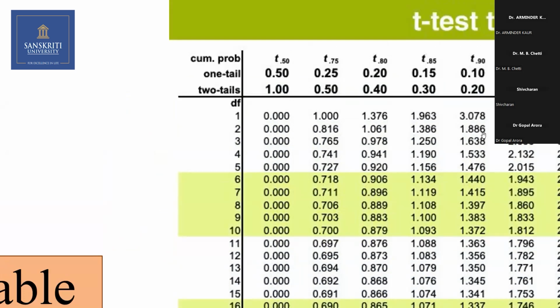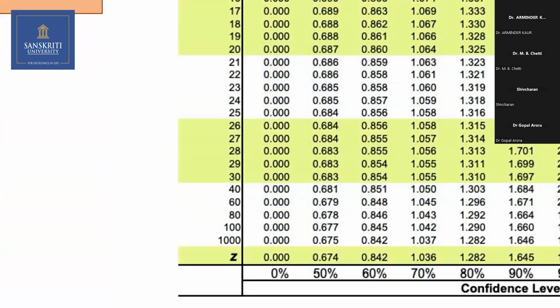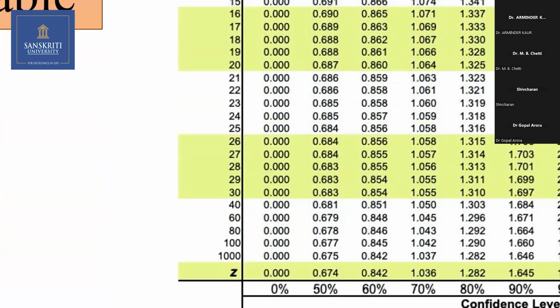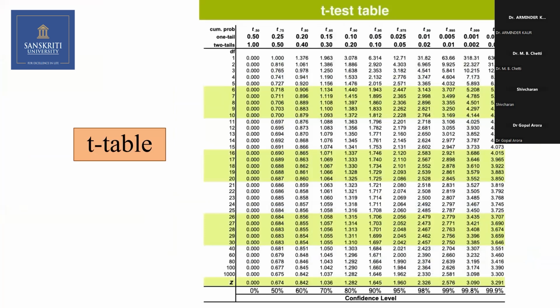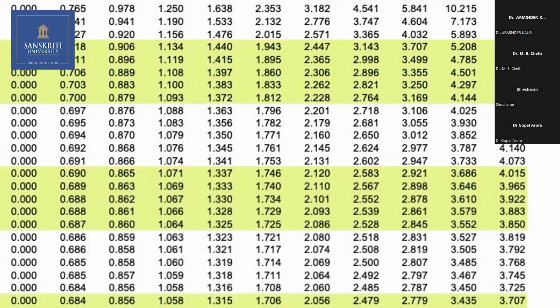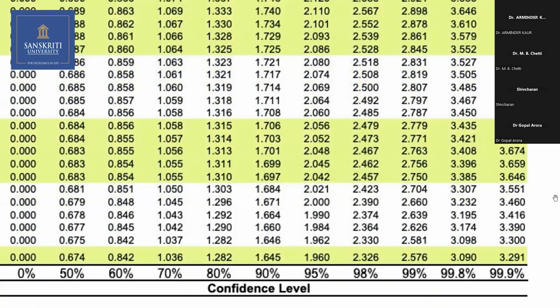When it comes down in degrees of freedom, see, I told you it reaches 1.96. You can see when the degrees of freedom is 30 and above, it is 1.96. That is the table value of the Z.